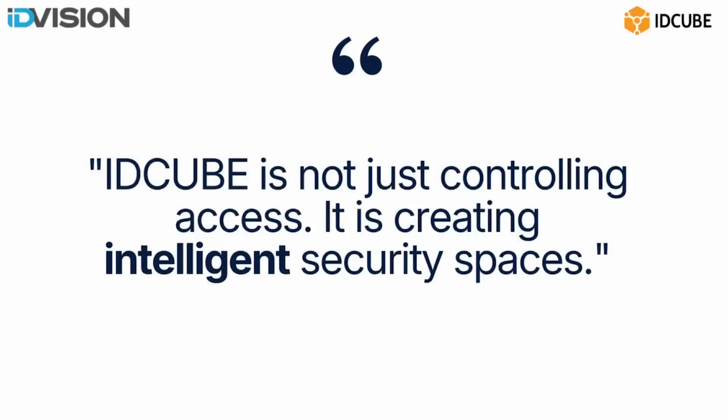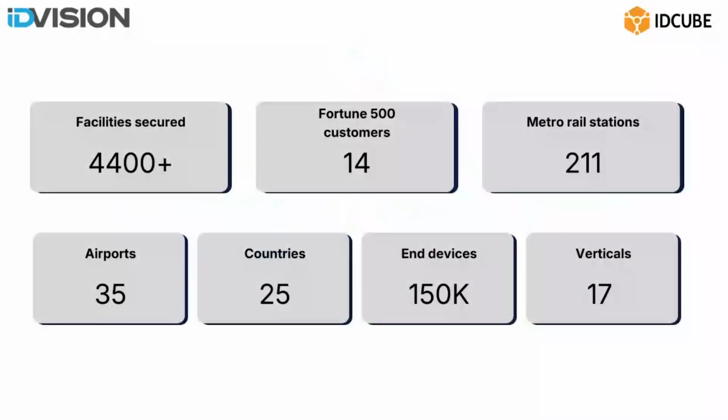So lastly, I would conclude by saying IDCUBE is not just controlling access. It is creating an intelligent security space. Just to give you an idea about our customer base, we've secured over 4,400 facilities. We work with 14 of the Fortune 500 companies.